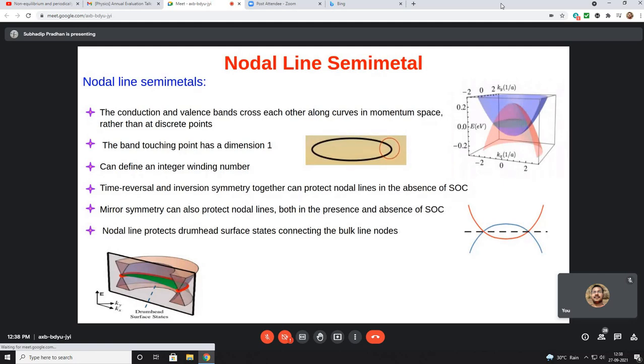Here you could take two bands and pass them through each other, and you'll always get a cross section which is a circle. What tells me that it's a linear behavior if I do a k dot p around this circle? This is not generally true, right? This is pertinent to certain kinds of bands. Yes, there needs to be some symmetry for that.